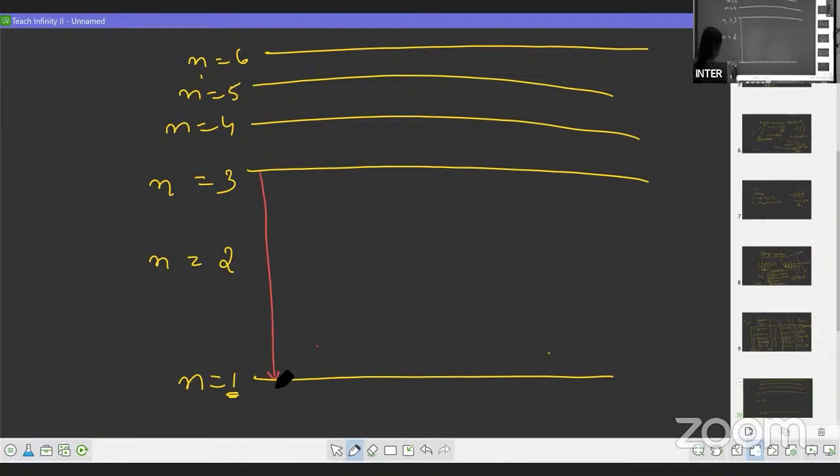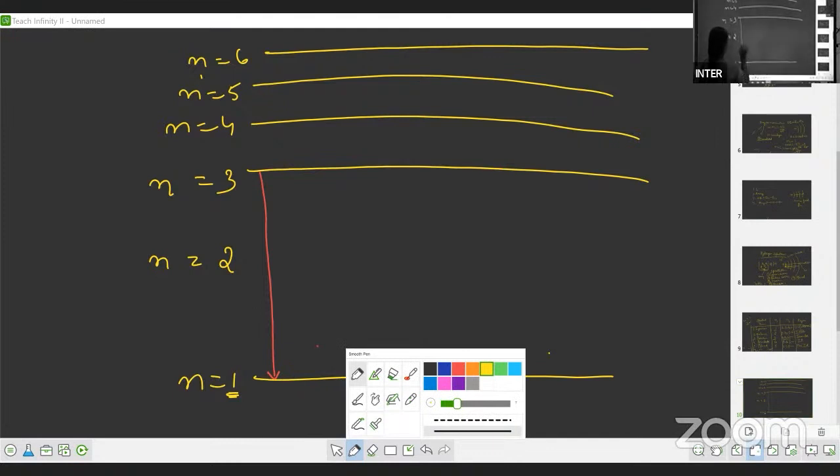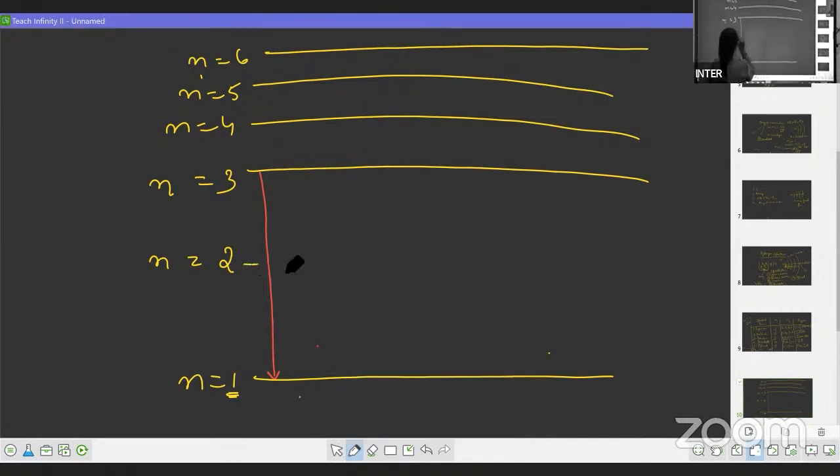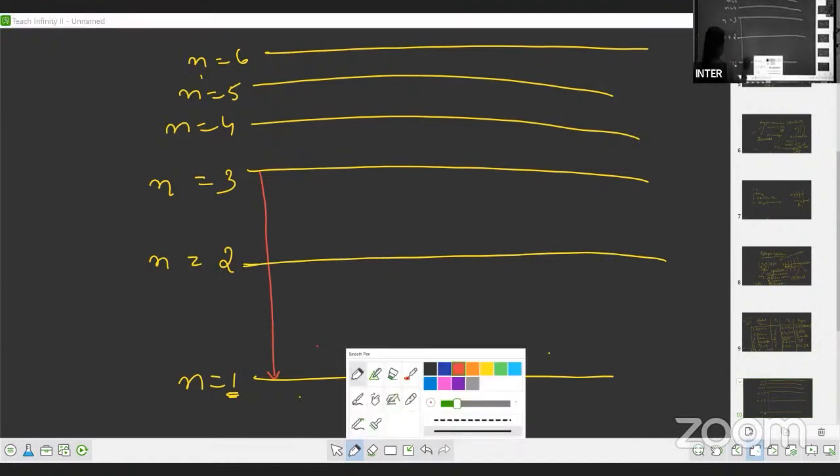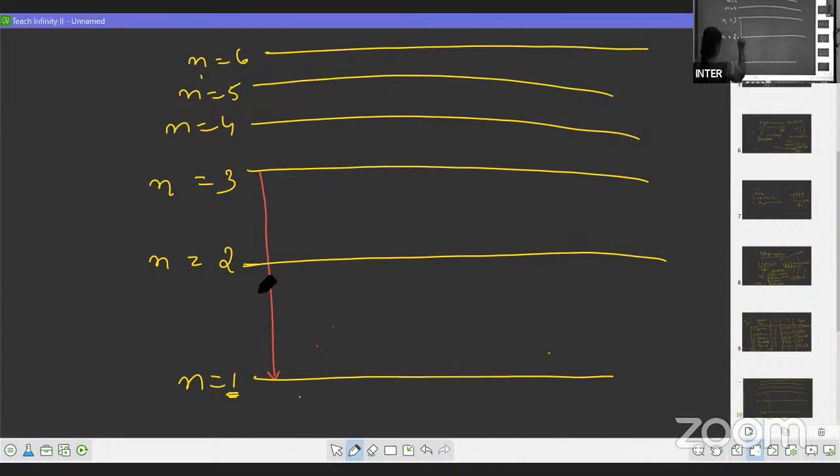So the electron can come from the second orbit, can come from the third orbit, can come from the fourth, fifth.